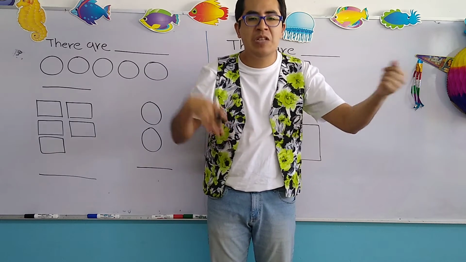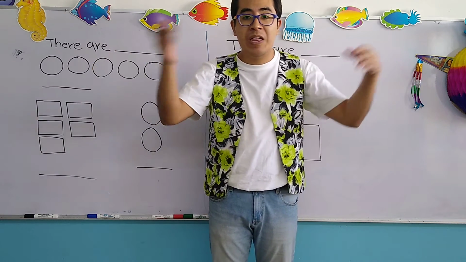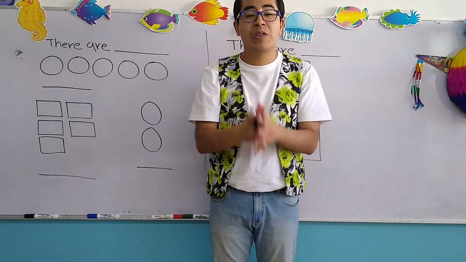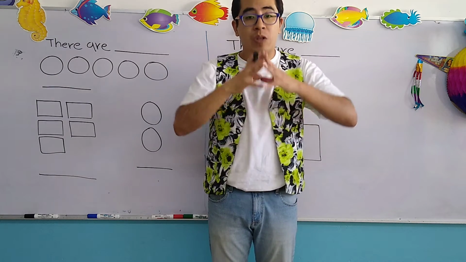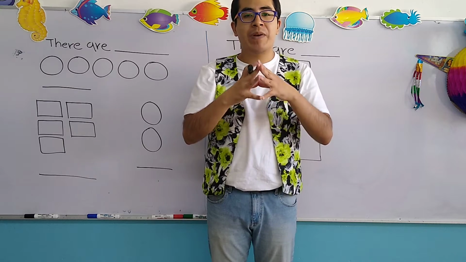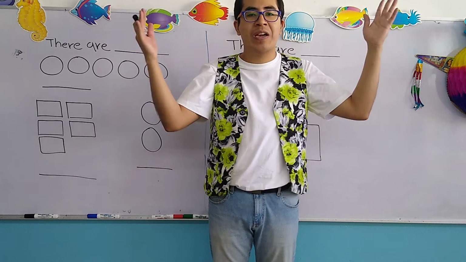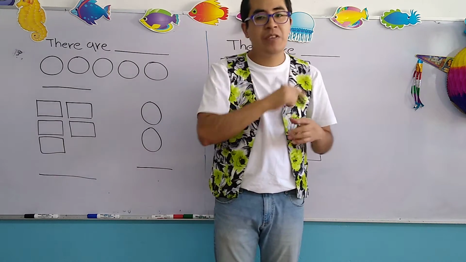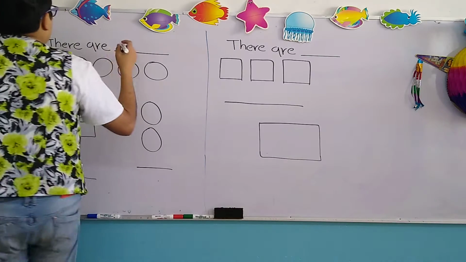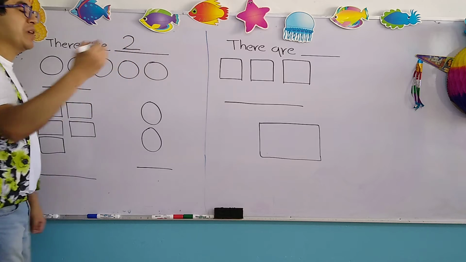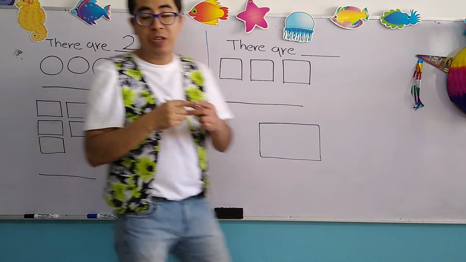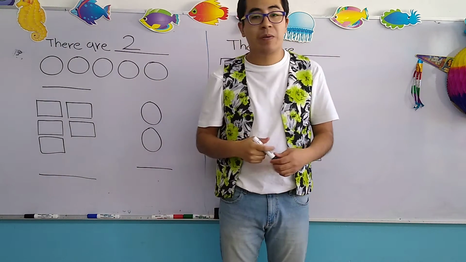Lo que importa, what is the most important thing, is that you try it, que lo intenten. Para mí eso es un logro, okay? Que lo intenten. Very good, let's continue. So, number 2, because there are two shapes, the circle and the rectangle.